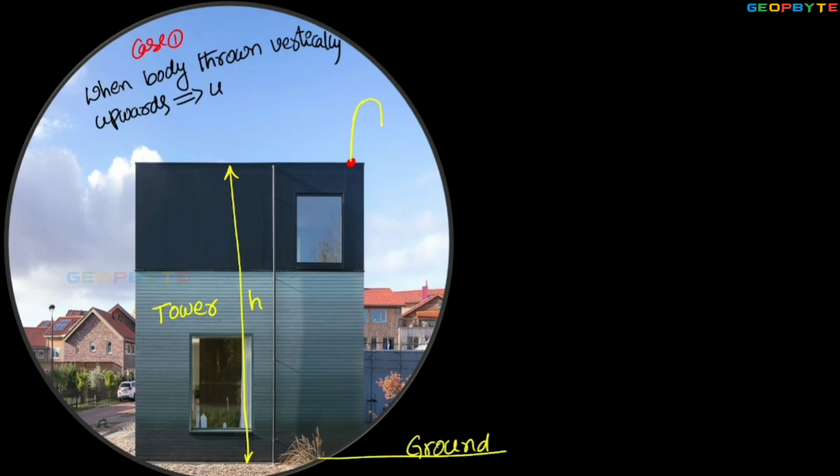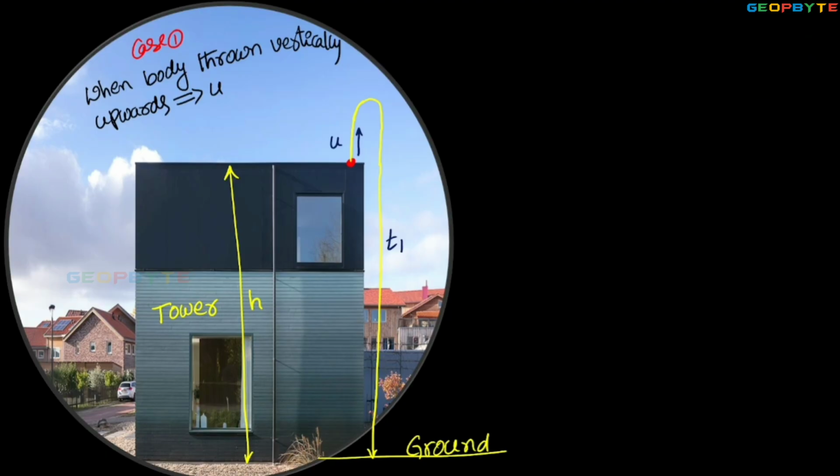Then in the return journey, it is reaching the projecting point. Finally, it will be reaching the ground level. For reaching the ground, it is clearly given that the time required is t1. It is projecting vertically upwards with a speed u. Okay. Then here the body is projecting vertically upwards, right? It is exactly opposite to the body falling to the ground level.